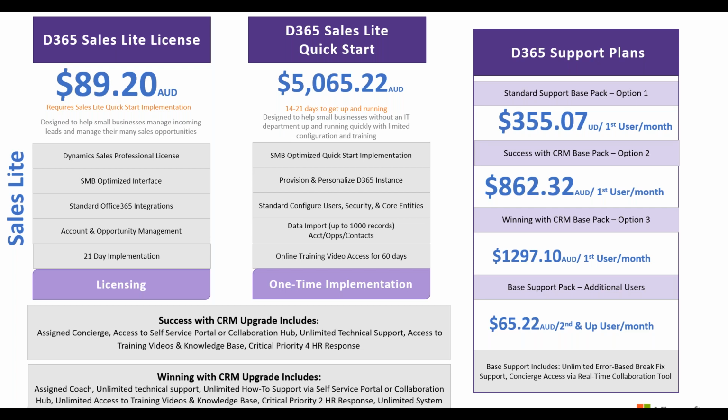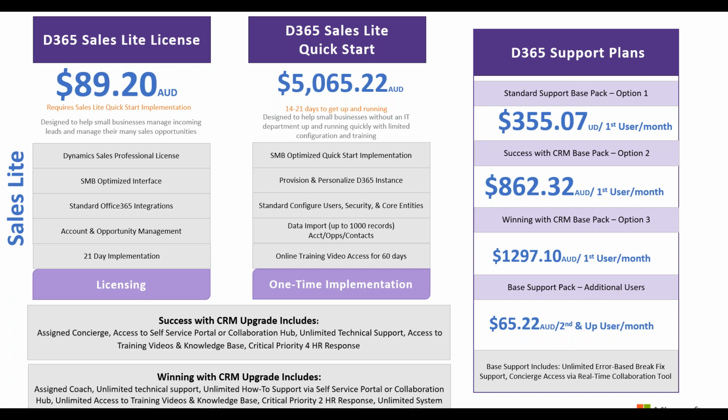For the Quick Start, it's quite optimized for the SMB market, and you can provision and personalize the instance, and we provide standard configuration for users from a security role and for core entities which are out of the box, and you can do a data import of a maximum of 1,000 records, and the end users gain access to training videos for 60 days. So it's a fixed scope, fixed price bundle.